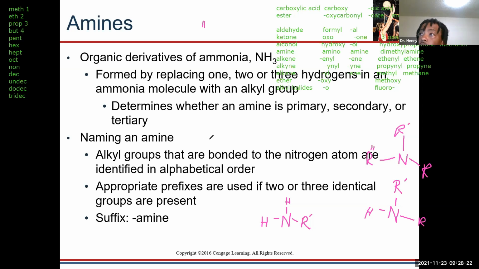Okay, so let's say we have this guy. We have methyl groups on all 3 sides, so we would name this guy trimethyl amine.